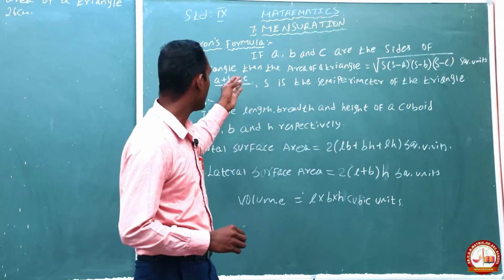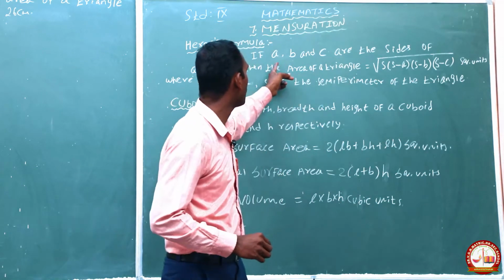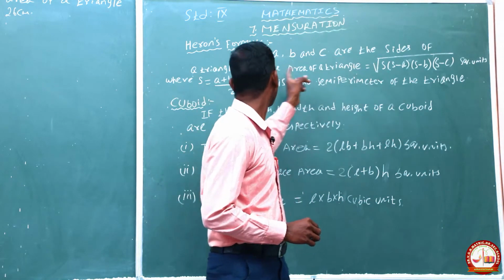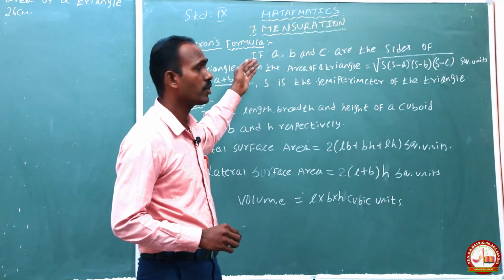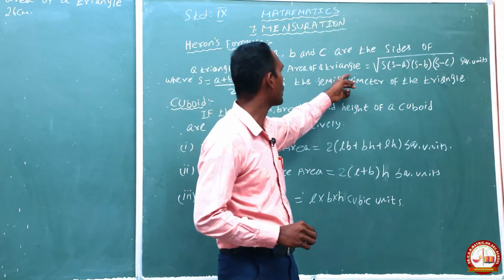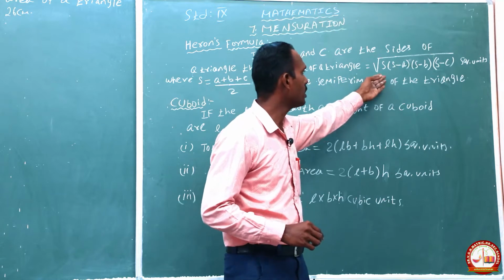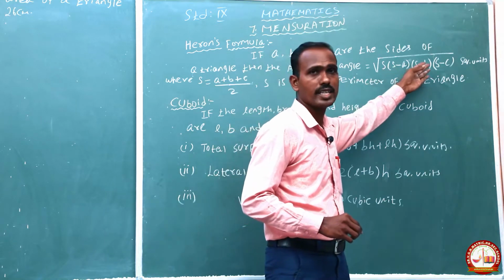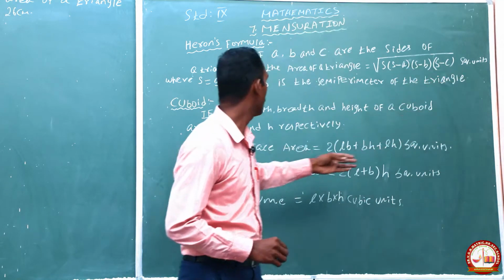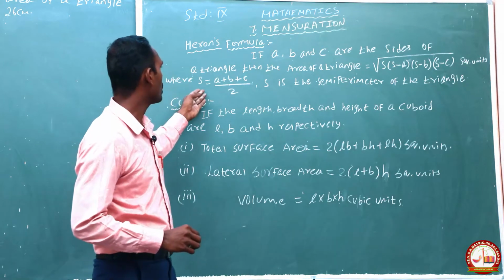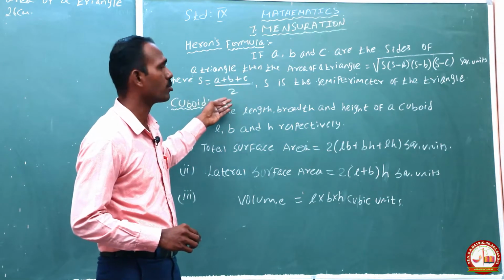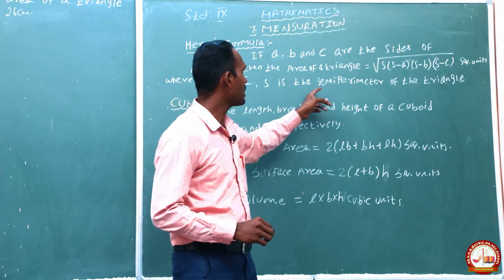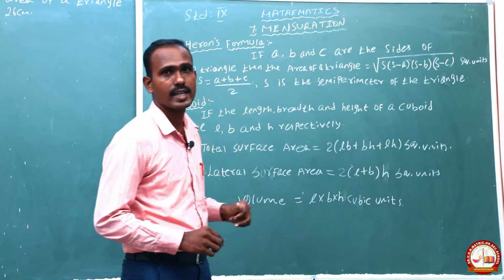But here only the sides a, b, c are given, so we use this formula: area of triangle equals root of s(s minus a)(s minus b)(s minus c) square units, where s equals (a plus b plus c) divided by 2. s is the semi perimeter of the triangle.